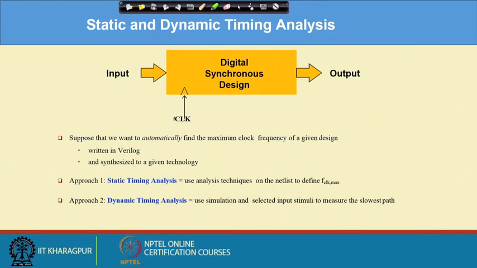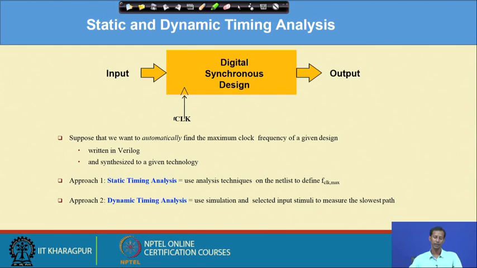But in the dynamic timing analysis approach, what do we do? We use simulation based timing analysis. For static timing analysis the input is not defined; we have not considered the corresponding combination of inputs.